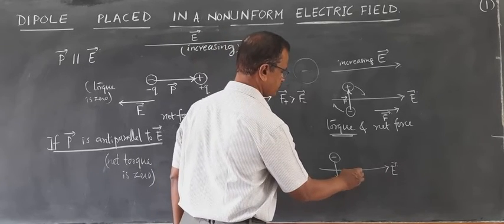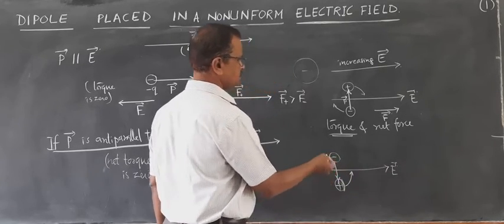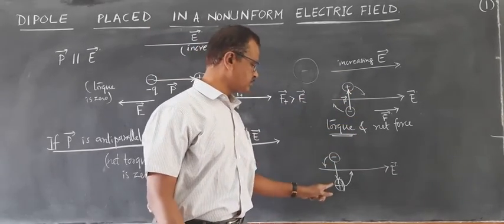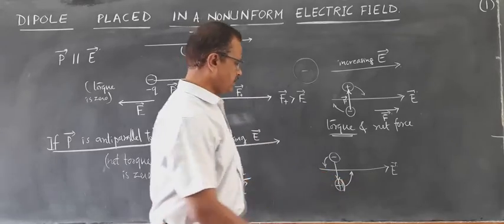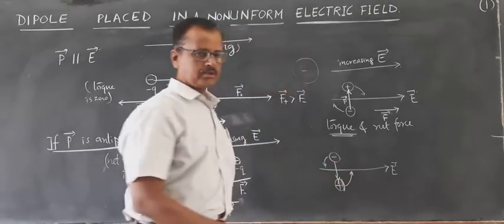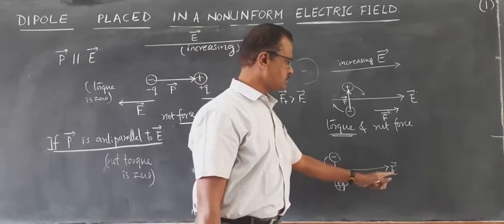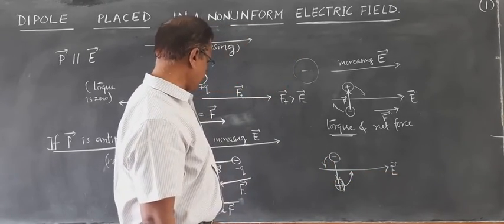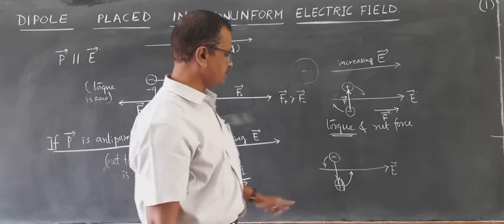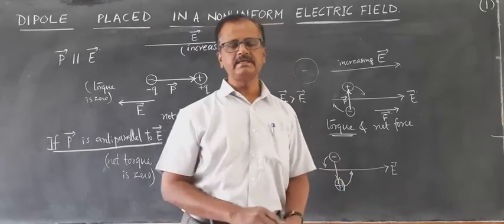It will tend to turn in this sense. Earlier it was a clockwise torque. Here it is going to be an anti-clockwise torque. And after experiencing the anti-clockwise torque, it undergoes a net force in the direction of increasing electric field.